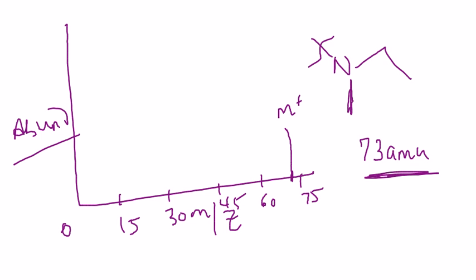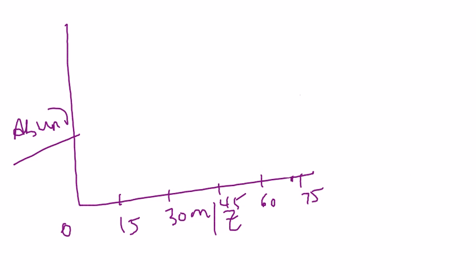Let's consider isotopes in mass spec. The only thing that I would want to say here is that it depends on the kind of pattern that you get. So for example, if you have bromine, the natural abundance of bromine 78 and bromine 80 are about 1:1 in nature.